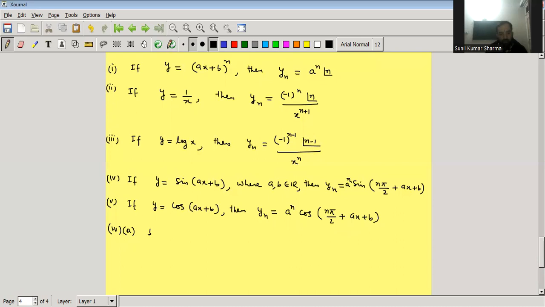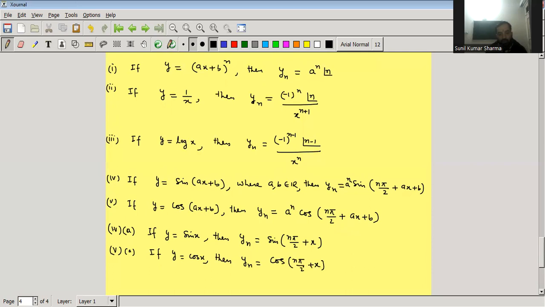If y is equal to sin x, then the nth derivative of sin x is sin of n pi by 2 plus x. Similarly, you can find 5a. If y is equal to cos x, then yn is equal to cos of n pi by 2 plus x.